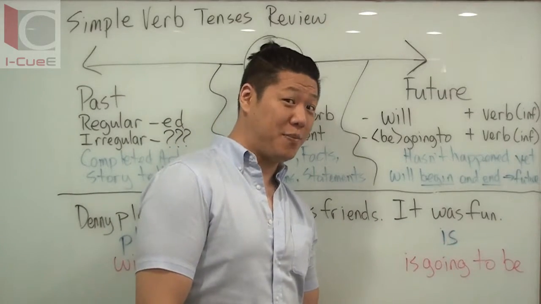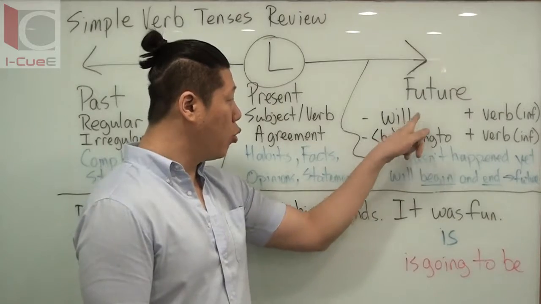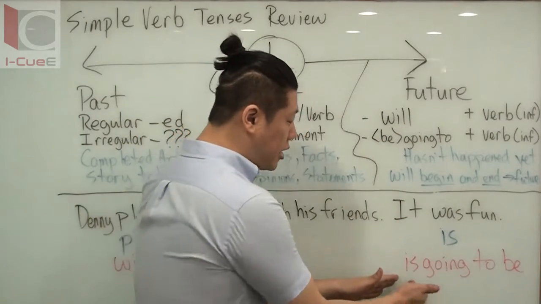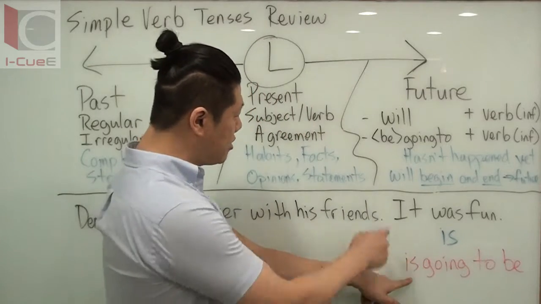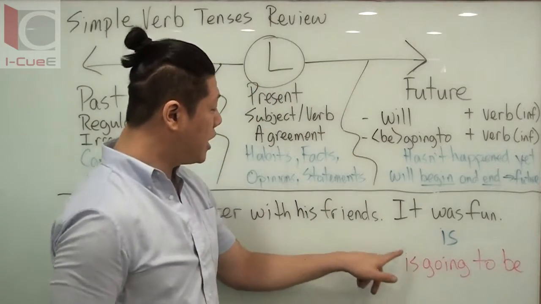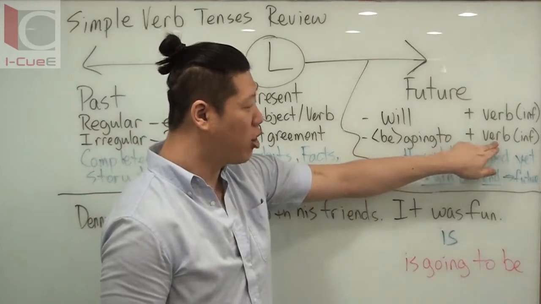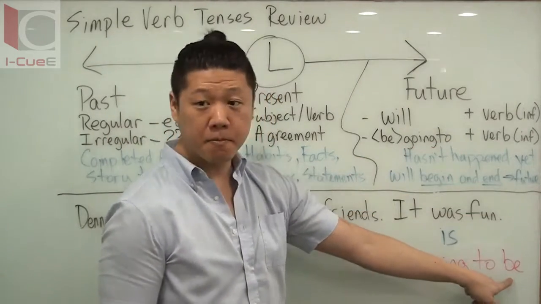That's a little tricky because I could say it will be fun, and that's fine, but here there's two be verbs. This one goes with this one. So, it is, because I'm using subject-verb agreement, going to, what's my verb infinitive? Be, right?